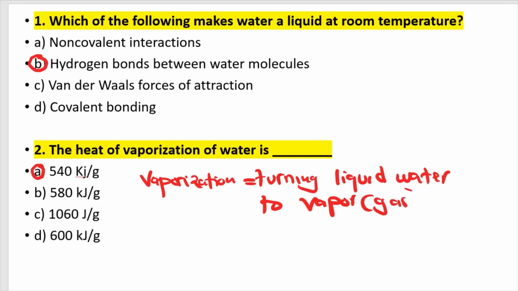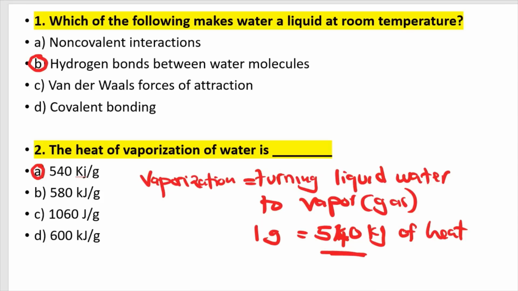So per 1 gram of water you require 540 kilojoules of heat. That's why we say water has got a high heat of vaporization. Just look at how much energy goes into turning 1 gram of water into vapor. Okay. Number 3.